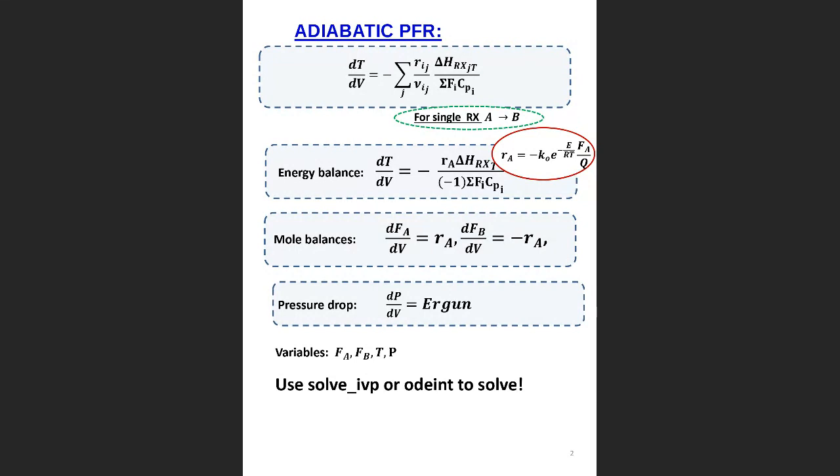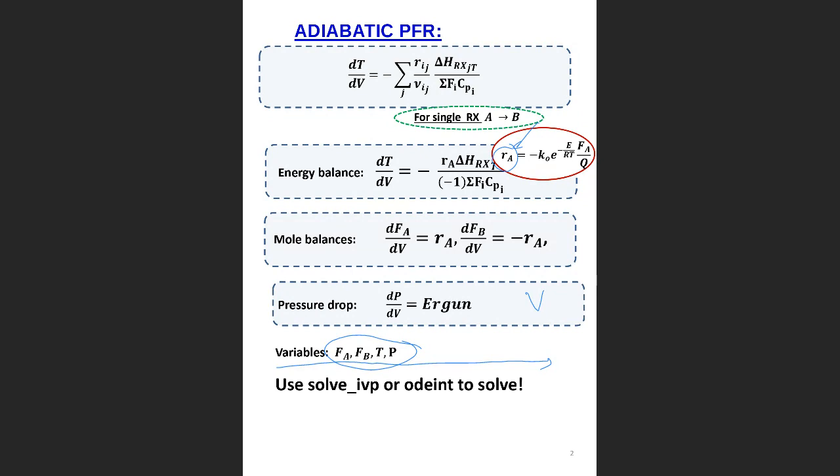So what I often ask people to remind themselves of is independent variables when you solve these equations. Let's say I chose as my independent variable the volume, and I have now written a few differential equations. What you must realize is, once again, I actually have quite a few dependent variables. If I inspect my mole balance and my energy balance, in my rate equation, I have the rate, that is a dependent variable.